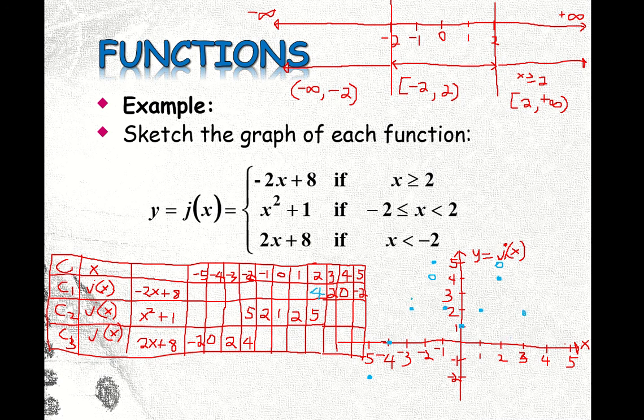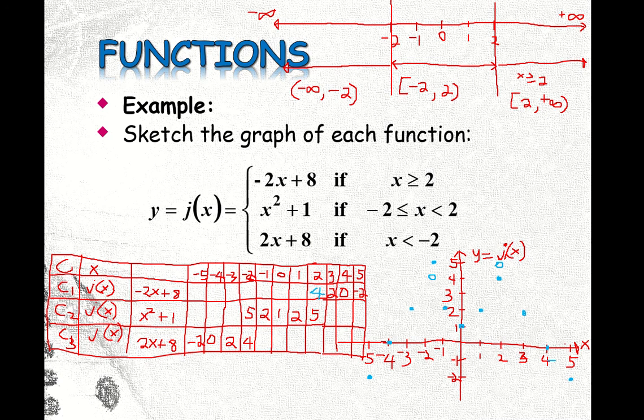Then when x is 4, this is 0. And when x is 5, negative 2. So here.